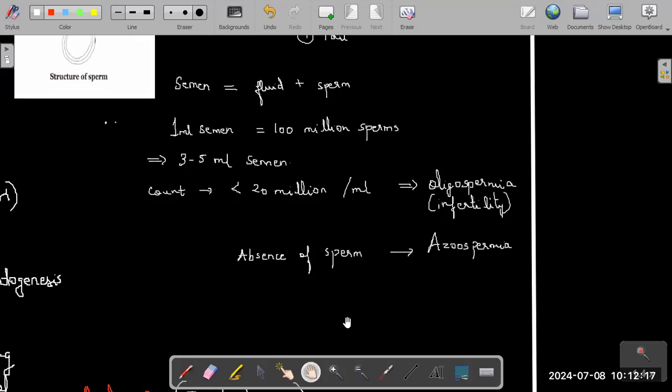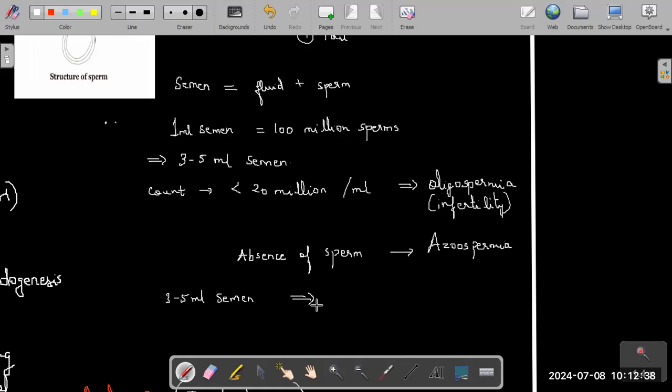Now, the next thing that is very important is that these calculations could be asked for NEET. Let's say 3 to 5 ml of semen is released.